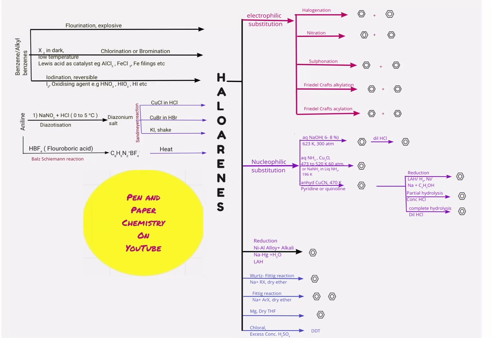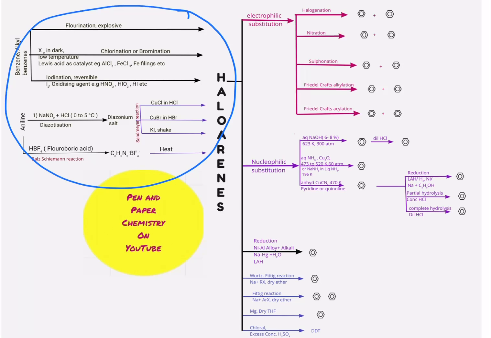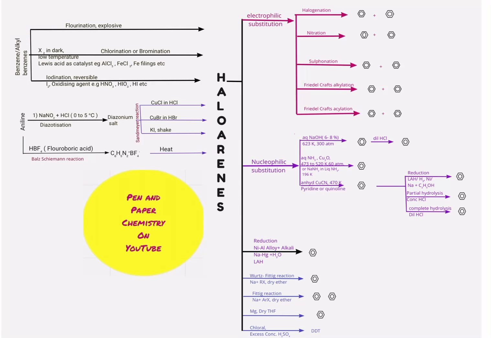And if you combine the preparation of haloarenes with the properties of haloarenes, this is the kind of chart that you will have available, complete, where on the left hand side we've got the preparation and on the right hand side we've got the properties of haloarenes.